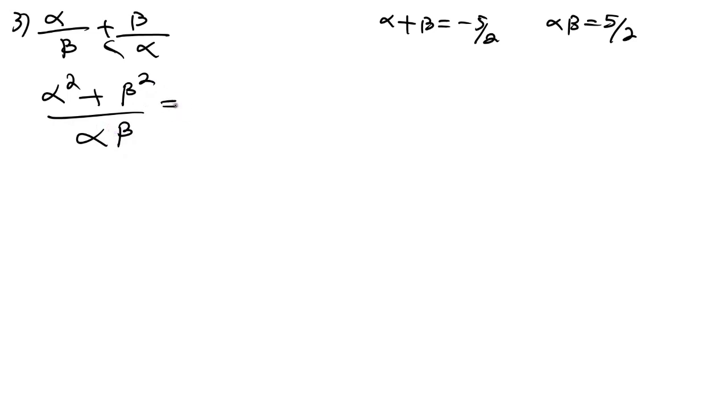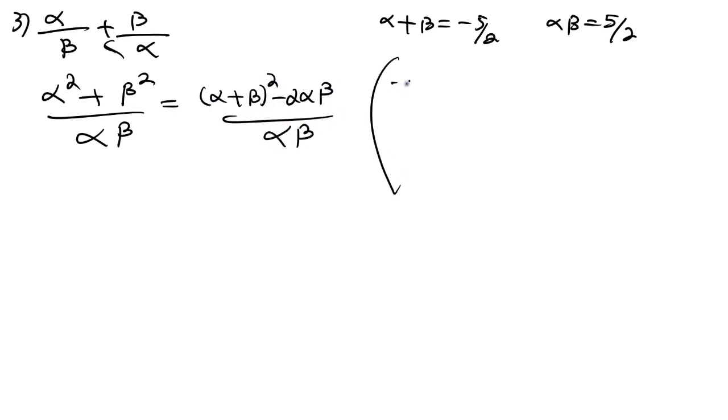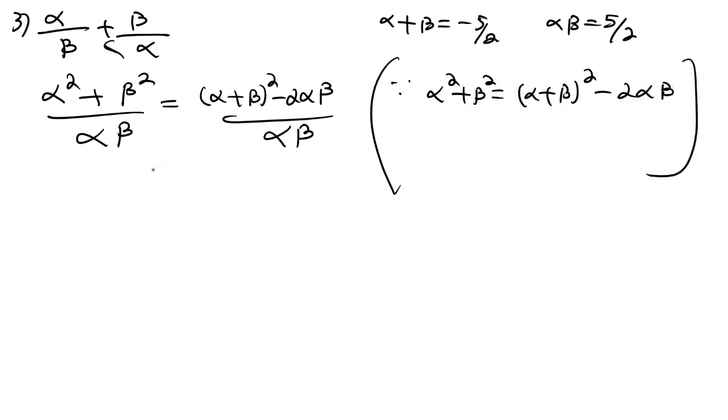What is alpha square plus beta square? In the previous problem we solved it, it is alpha plus beta whole square minus 2 alpha beta, divided by alpha beta. Since alpha square plus beta square is nothing but alpha plus beta whole square minus 2 alpha into beta.